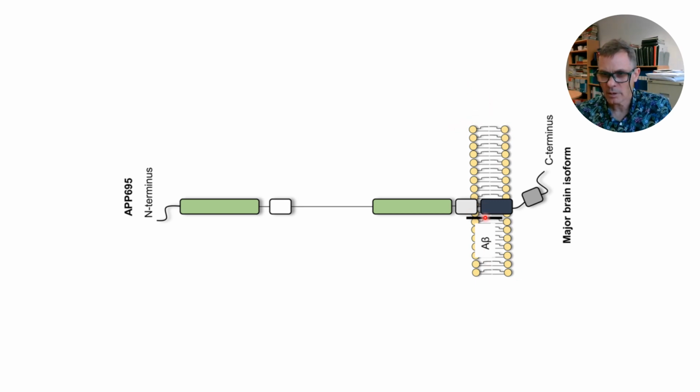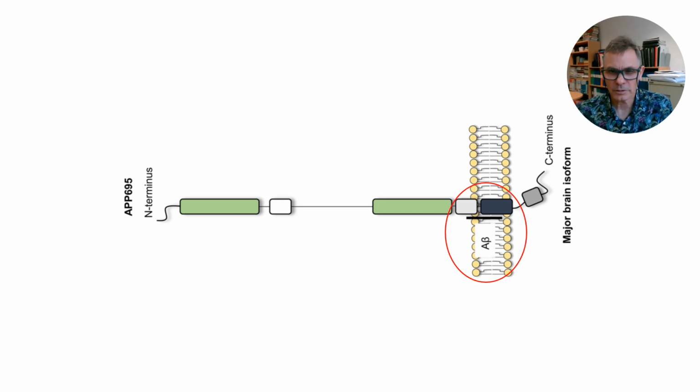This will be a membrane of the cell, and the black bar here indicates the region of the amyloid beta A4 precursor protein that is ultimately becoming the amyloid beta peptide. So it's just this region here that ultimately will become A beta.